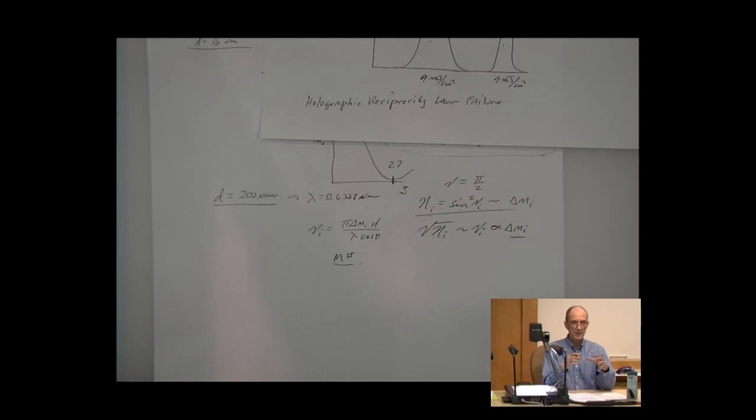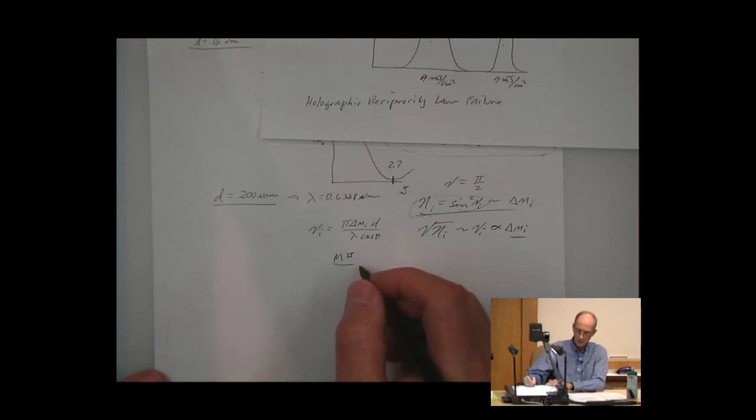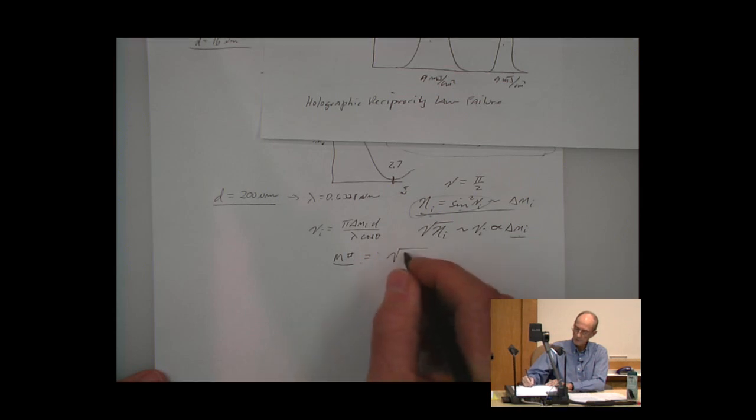So what you can do is take your material, figure out a single great exposure hologram, find the maximum efficiency, and then calculate using this relationship here the delta n that would correspond to that. And then you can construct what's called the M number. And the M number is just equal to the square root of the number of holograms with a certain efficiency, and we have M of them.